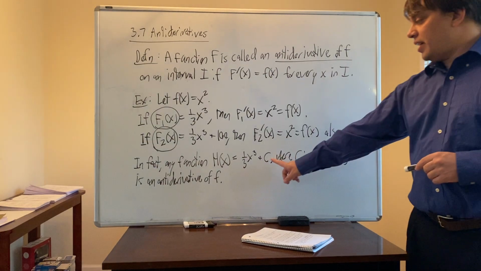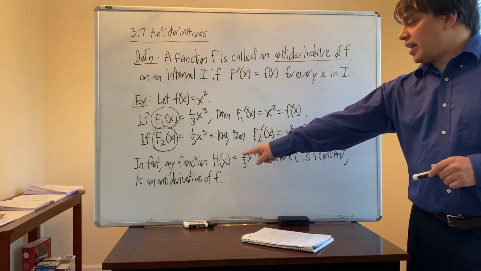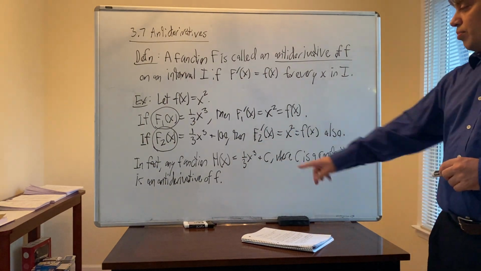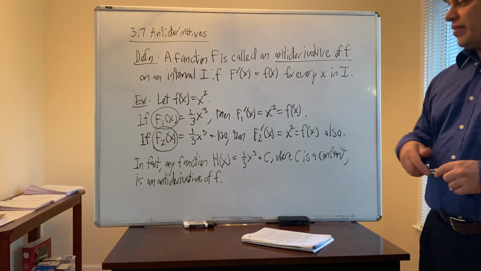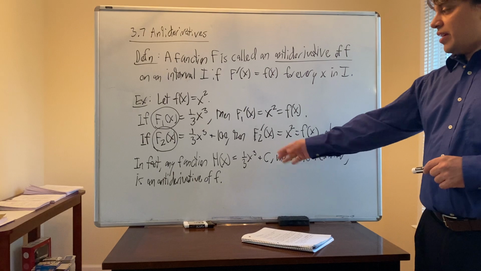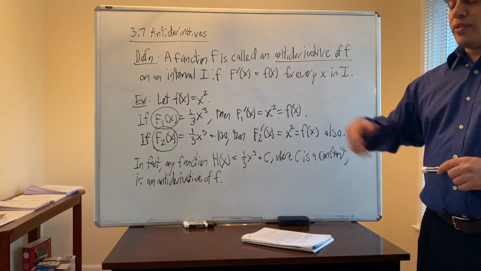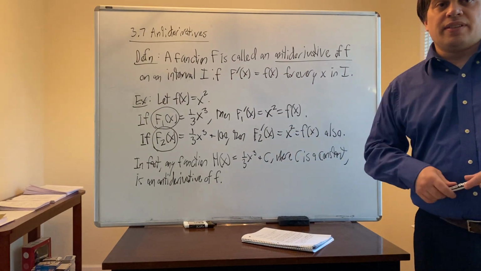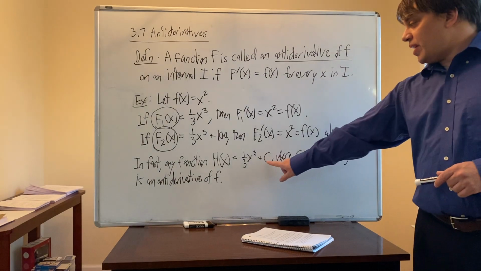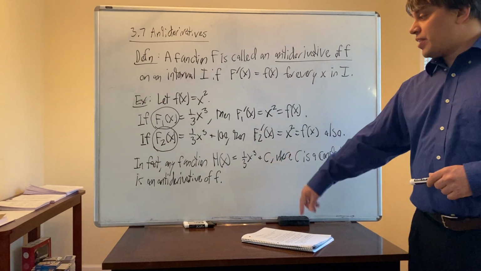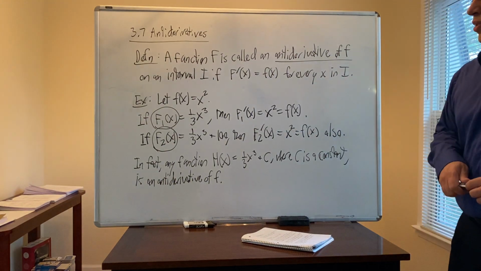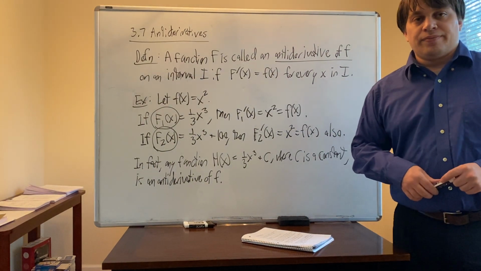And so if I choose any constant capital C, capital H of x equals 1/3 x cubed plus that capital C is an antiderivative of that little f. And so there's actually infinitely many functions here that are antiderivatives of that specific little f of x. Since I have infinitely many choices for the constant C, for each choice, that's another function that's an antiderivative of that little f. Okay?